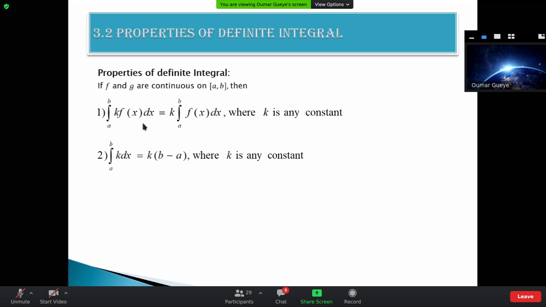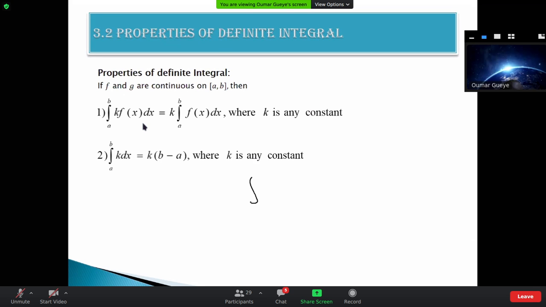But what is the antiderivative? A square by 2. No. So it's 1. No. So it's kx. Kx, exactly. K is a constant. Which function has its derivative equal to k? It's k times x.